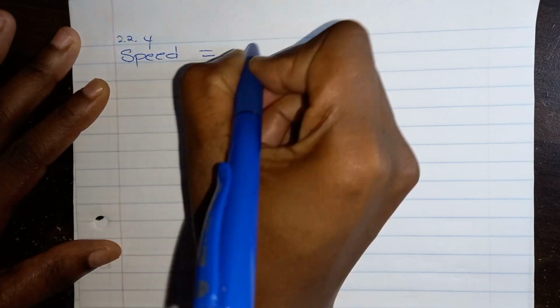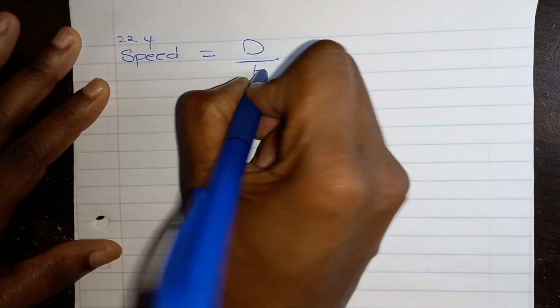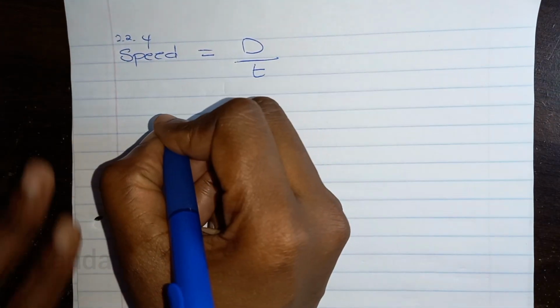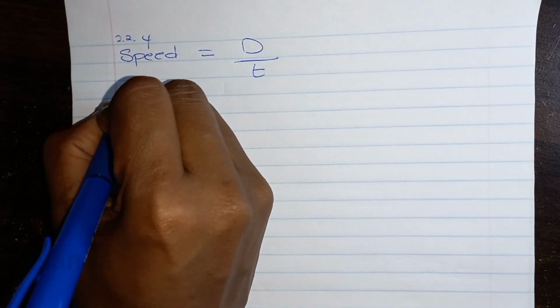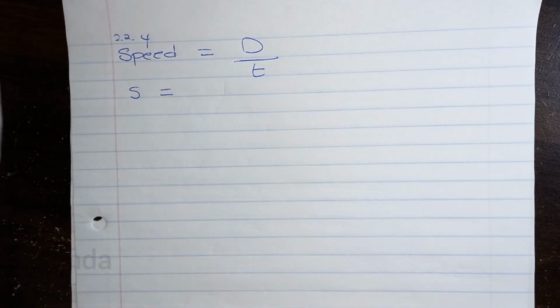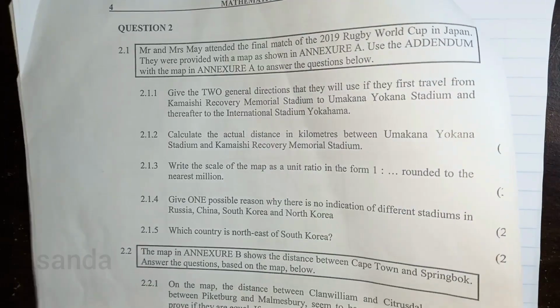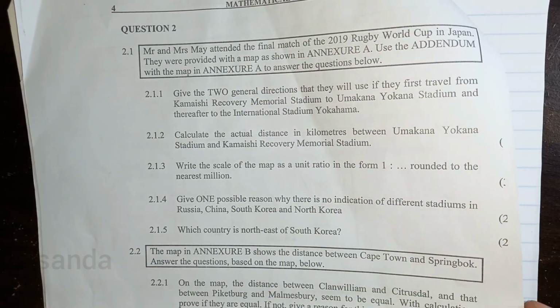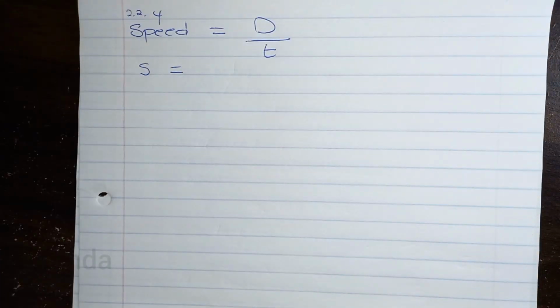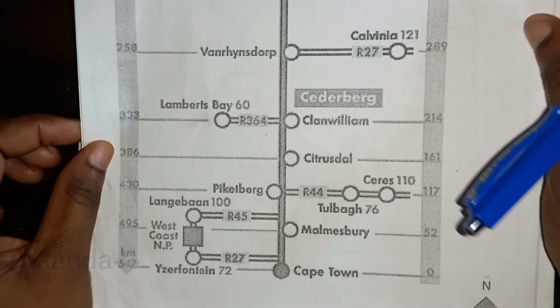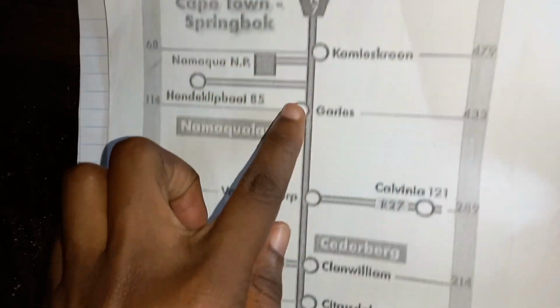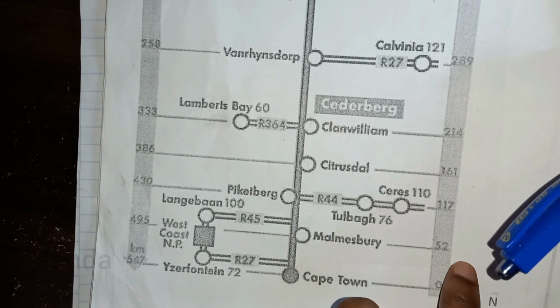So for 2.2.4, we are going to calculate the speed using the formula speed is equal to distance divided by time. The speed is unknown, and the distance is from Springbok to Malmesbury. Let's find the distance, from Springbok all the way down to Malmesbury.